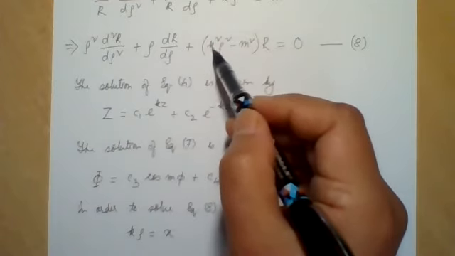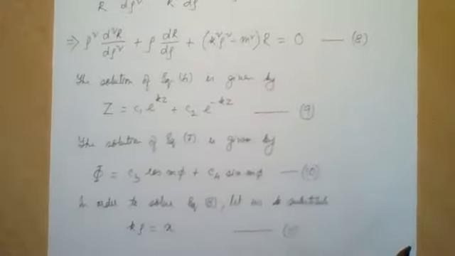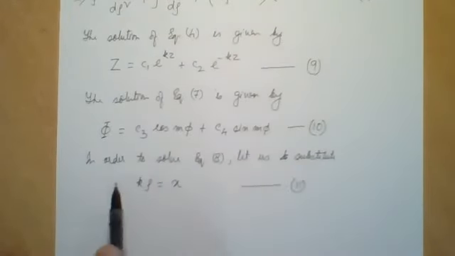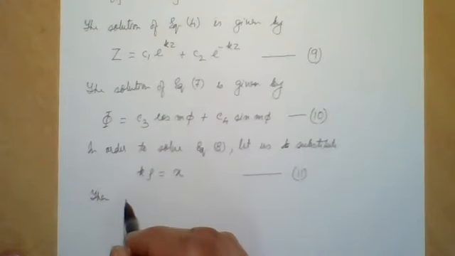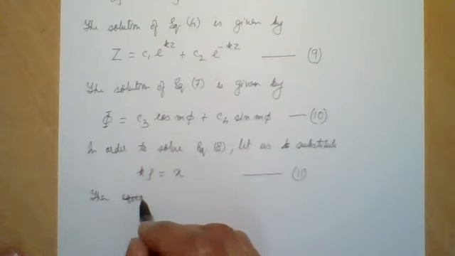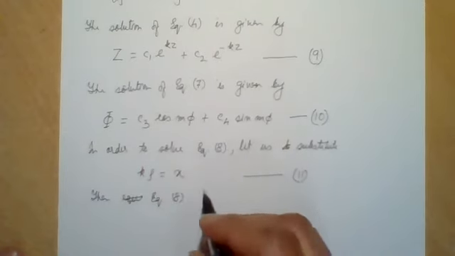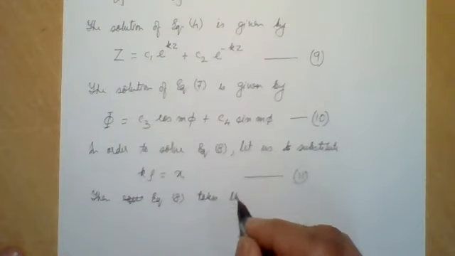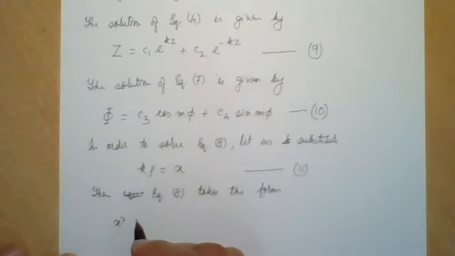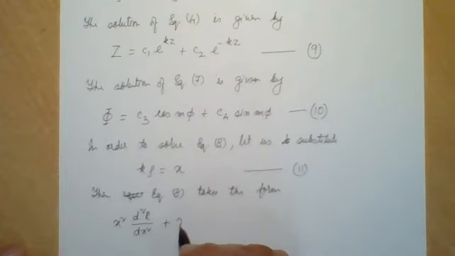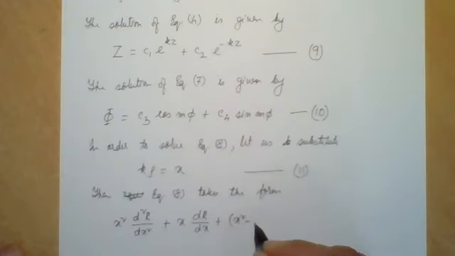Here this becomes x square minus m square R. So equation 8 takes the form x square d2R by dx square plus x dR by dx plus x square minus m square capital R equal to 0.